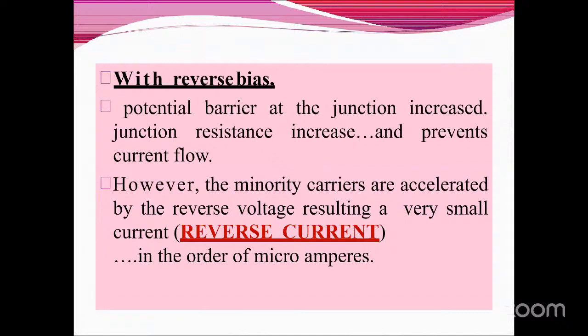What about the reverse? The potential barrier at the junction increases, and the junction resistance is also increased. However, the minority carriers are accelerated by the reverse voltage, which results in a very small current, the reverse current, in the order of microamperes.